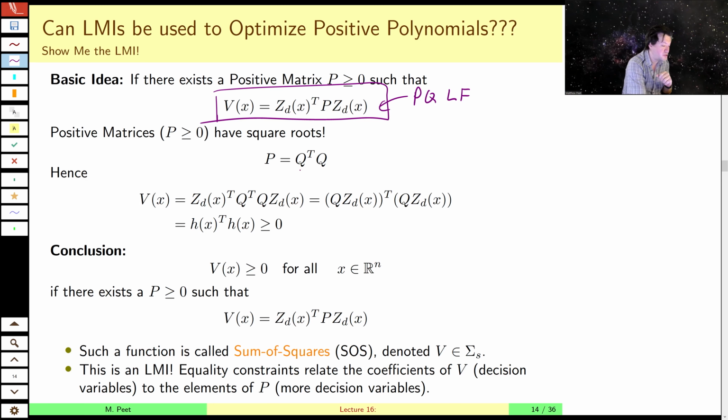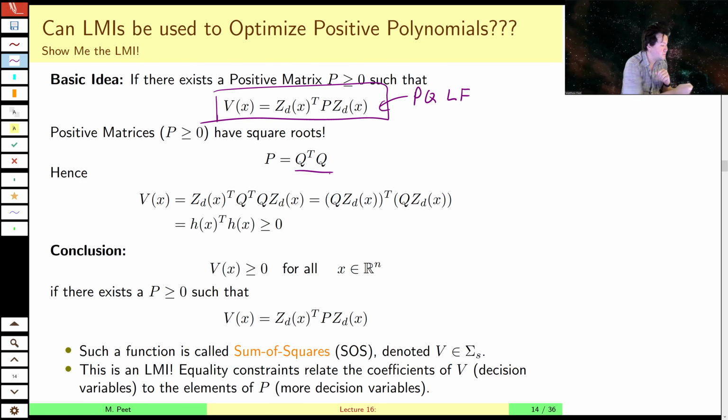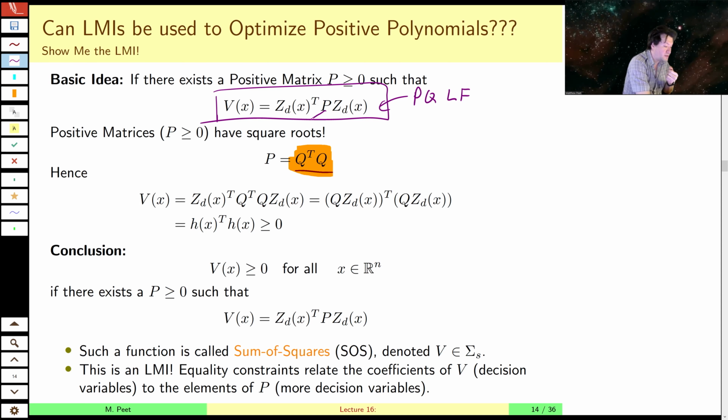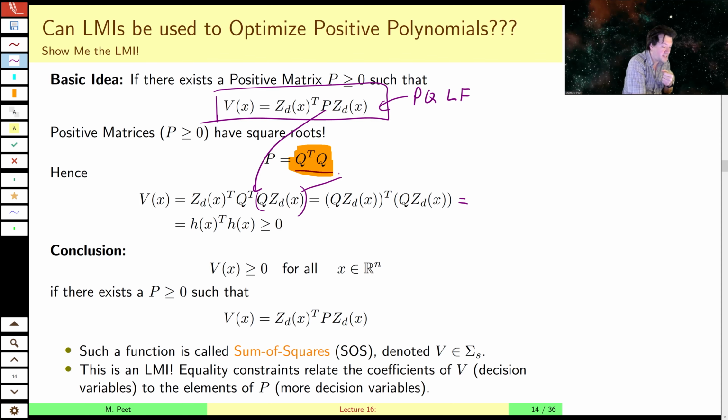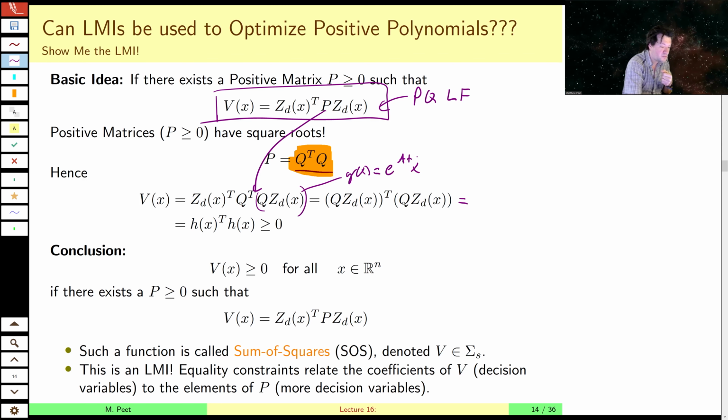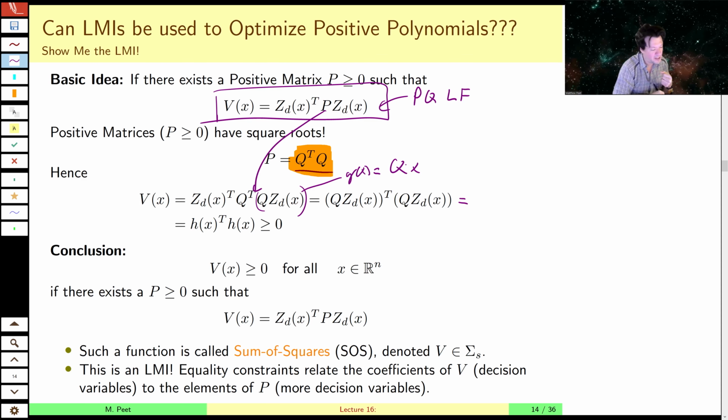We can write it as Q transpose Q. And then if we plug Q transpose Q into the Lyapunov function, just bring that P down to Q transpose Q, then as in the linear case, we can separate this in terms of QZ of x, which takes the place of the integral of e to the Atx. I shouldn't say that. Qx, which we had in the linear case.